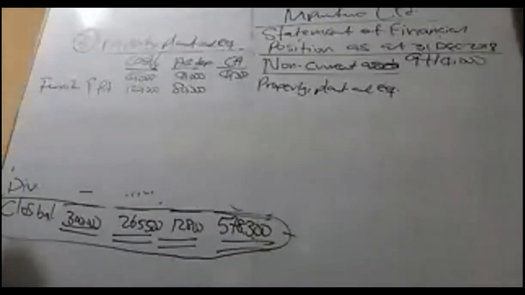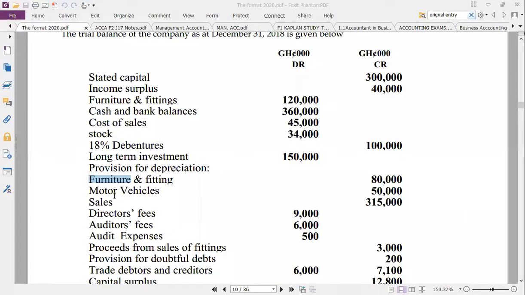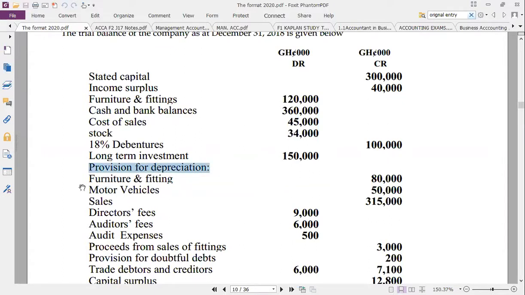Now let's go and pick the next assets. The next asset is motor vehicle. Just that this figure is for the accumulated depreciation, because here the provision for depreciation refers to these two items. That's why they've given us a column.